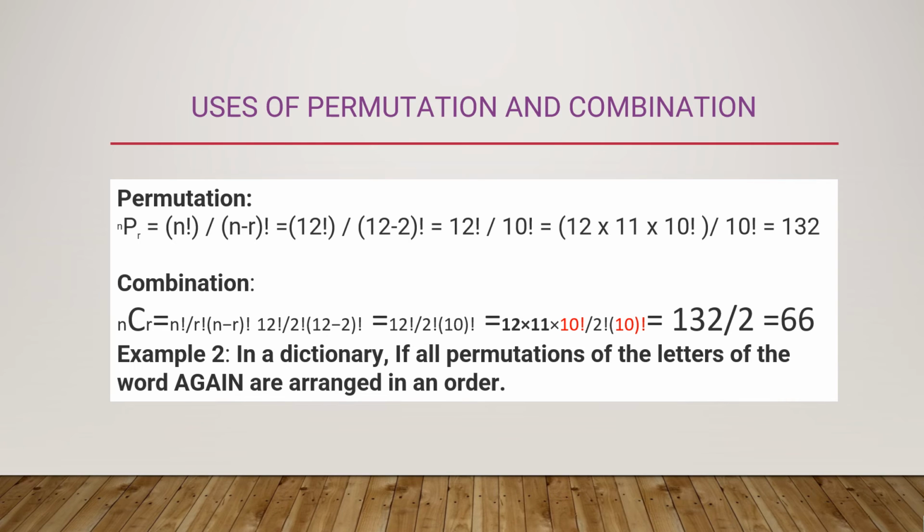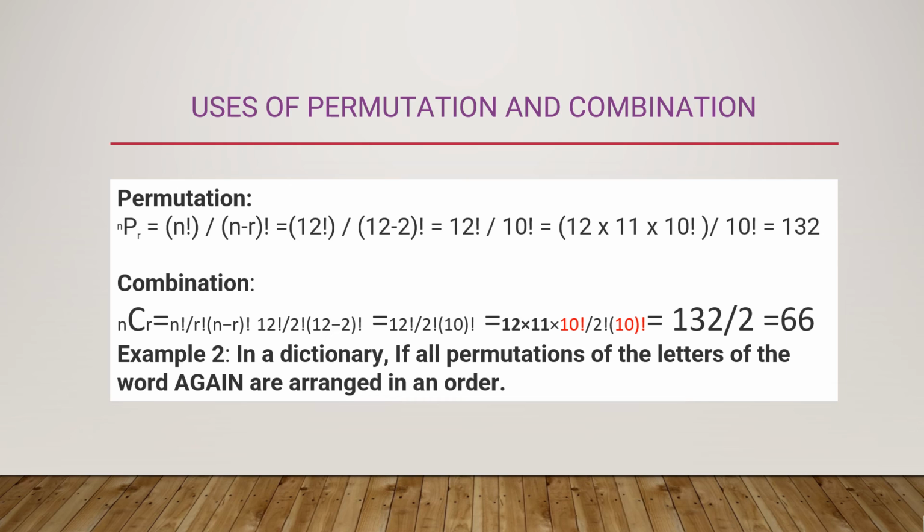So we have 12 factorial divided by 2 factorial multiplied by 10 factorial. Expanding 12 factorial to 12 times 11 times 10 factorial in order to eliminate our divisor, which is 10 factorial, what's left is 12 times 11, which is 132, divided by 2, since 2 factorial is equivalent to 2 times 1. And the answer is 66.